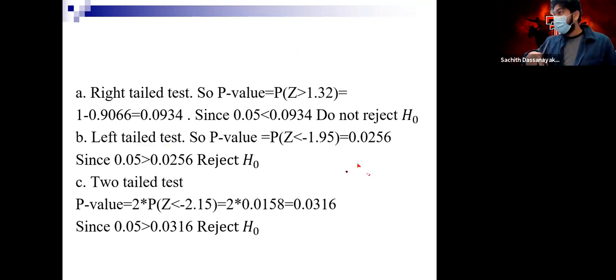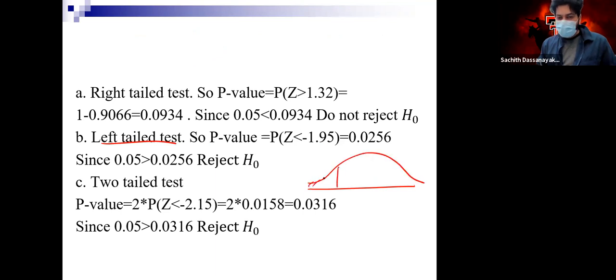It is a left tail test, don't forget about it. So your alpha is somewhere here, not the right side, but the left hand side. And your delta is somewhere here. So it is inside the rejection region. There is no problem. We reject H0. We are talking about H0 only, not the alternative case. Just H0, reject or do not reject.